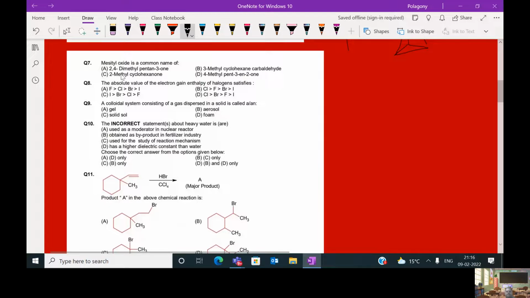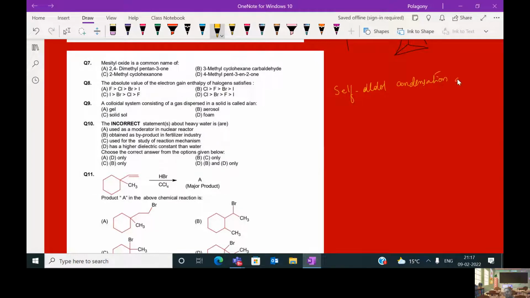Next question: mesityl oxide is a common name of which compound? A is 2,4-dimethylpentan-3-one, B is 3-methylcyclohexane carbaldehyde, C is 2-methylcyclohexanone, and D is 4-methylpent-3-en-2-one. Mesityl oxide is the compound formed by self-aldol condensation of a ketone.